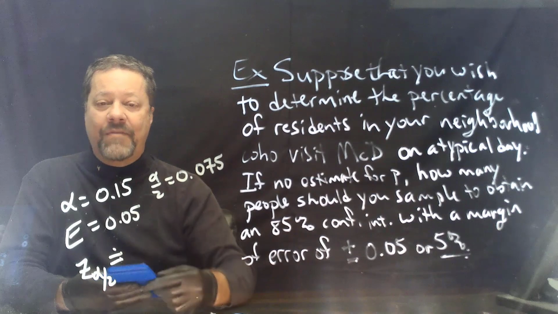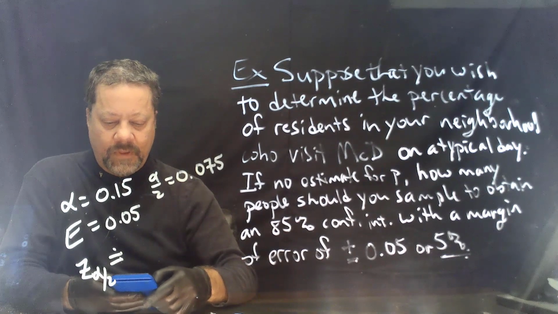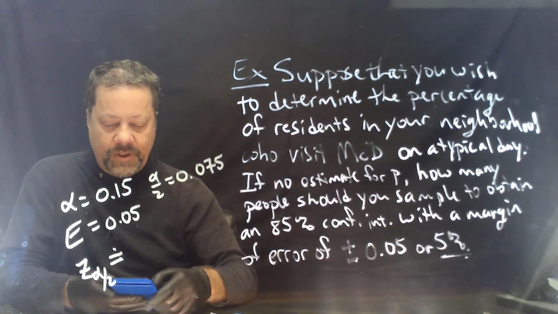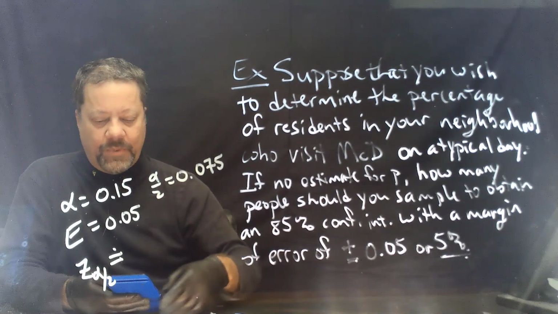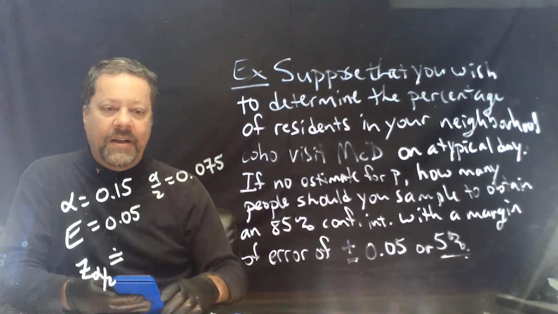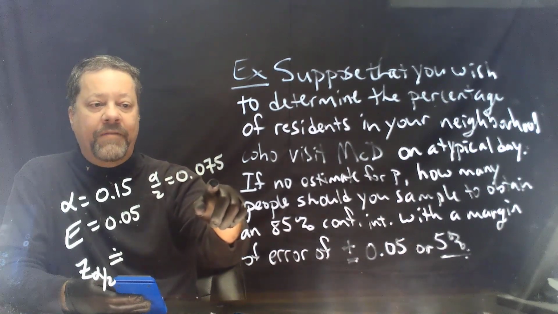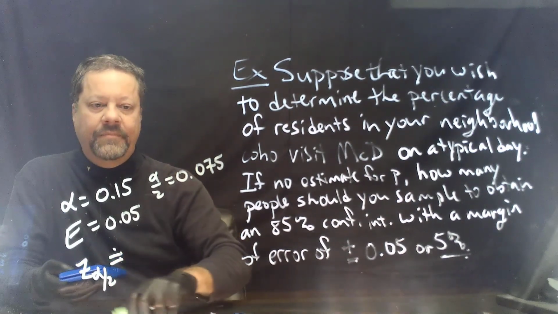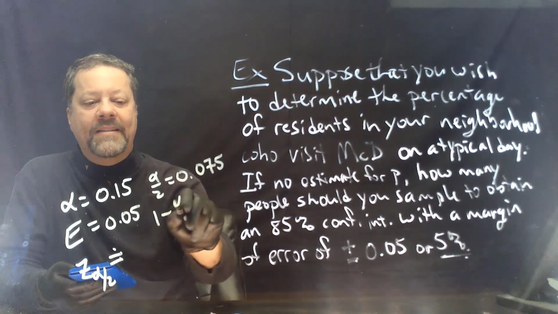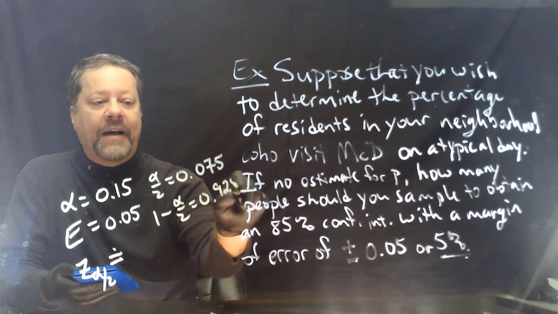We'll use the inverse normal feature on our calculator. Second distribution, inverse normal. The area is going to be 92.5%. 1 minus alpha over 2 is 0.925.